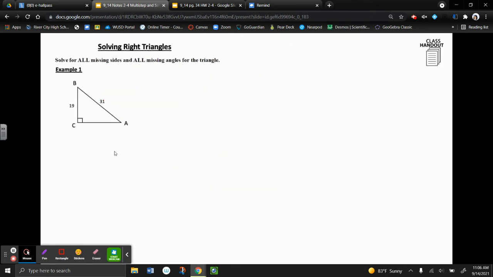Okay. So now let's apply and put everything together and learn how to solve for the whole triangle. When I say the whole triangle, we're solving for all the missing sides and all the missing angles. Remember there's a few things we can use. To solve for missing sides, we can use trig, meaning sine, cosine, tangent. We also know that we can use Pythagorean theorem.